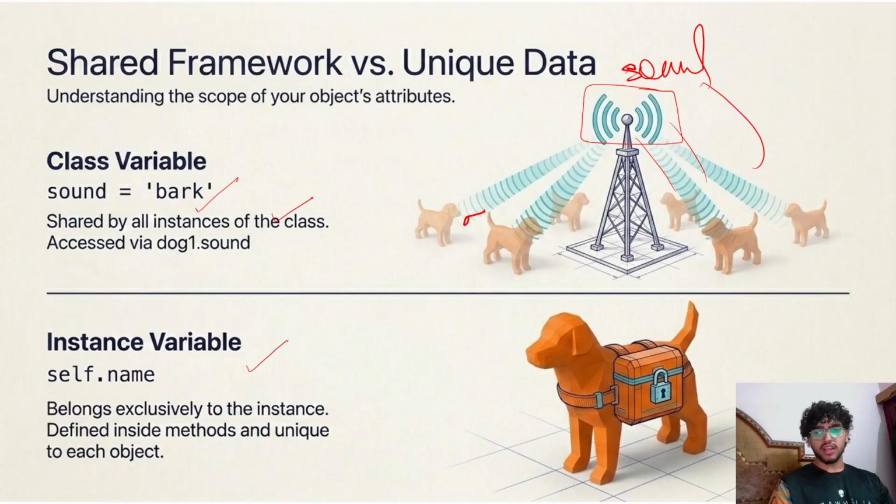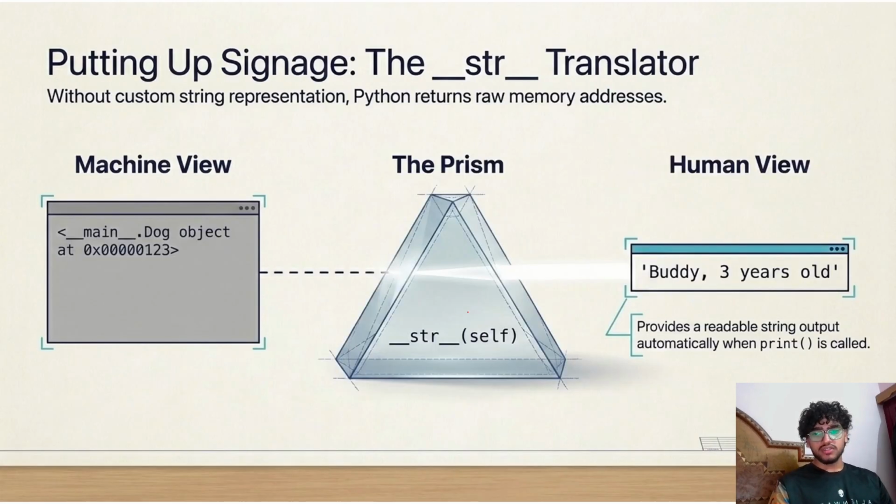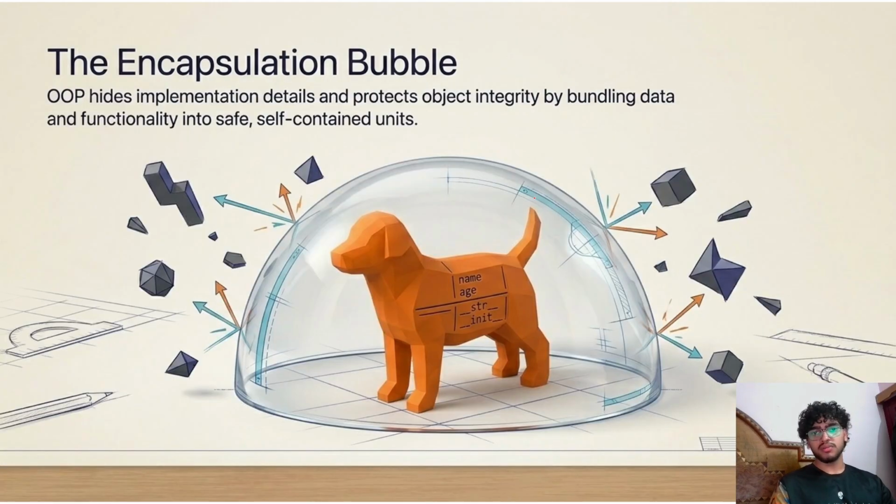But if you use the self keyword, it will be used for itself only. It won't be used for any other object. So next is putting signage, the str translator. So this is, I guess, not in the syllabus.